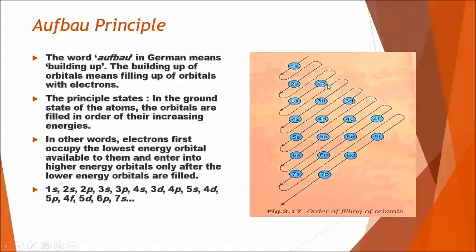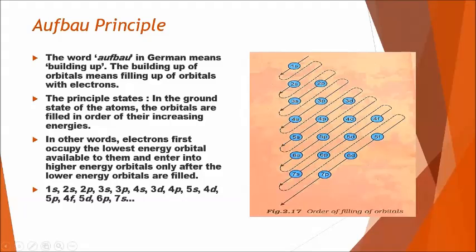Third arrow starts with 2p and finishes by 3s. So after 2s it moves to 2p, then 3s. Again the next arrow starts with 3p and the cut will be 4s. The arrow finishes here. So 3s goes with 3p, 4s, like that it moves.